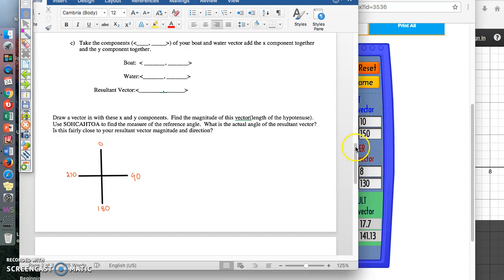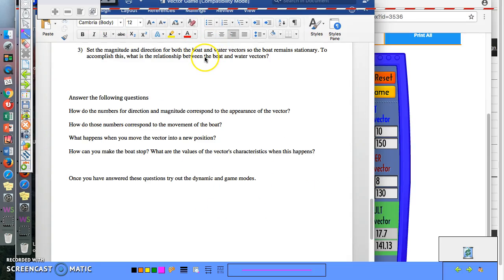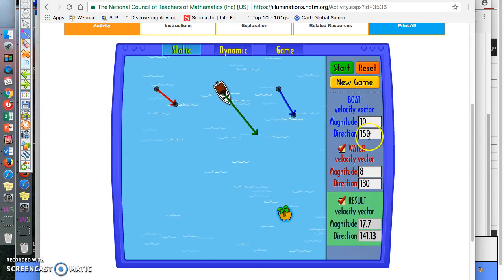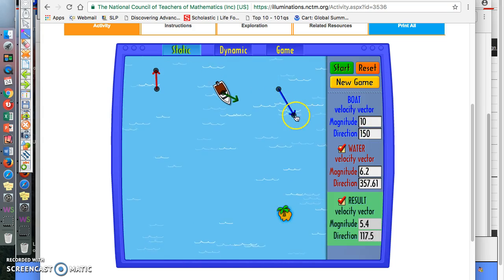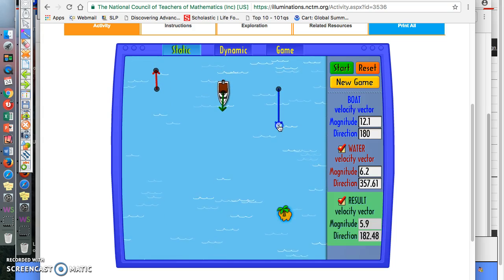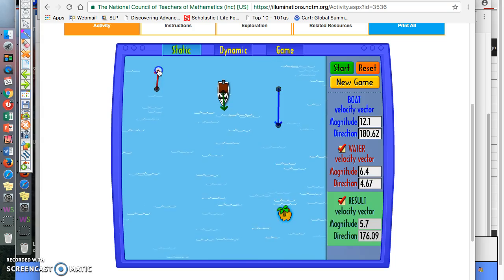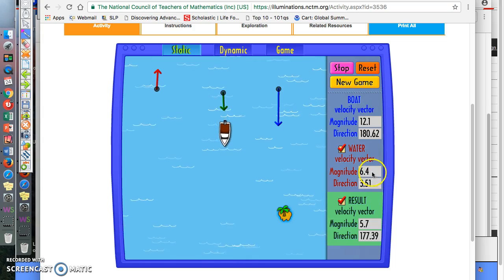Now onto this back page here. It says set the magnitude and direction for the boat and water so the boat remains stationary. Okay, so let's go back here. We don't want it to move. I'm guessing, oh, it's still moving.